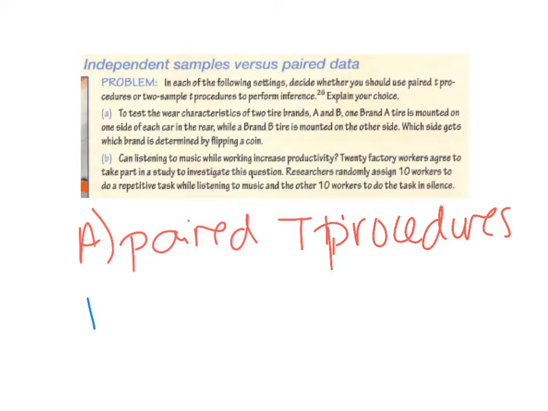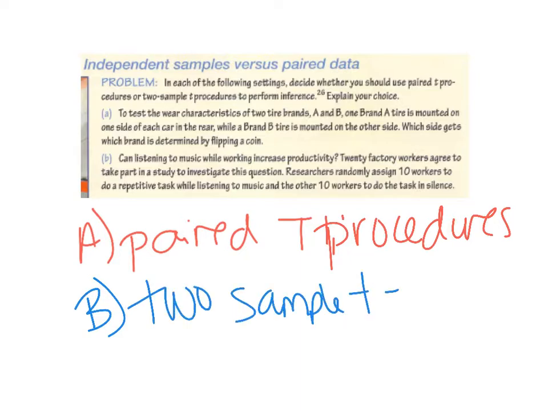For B here, can listening to music while working increase productivity? 20 factory workers agree to take part in the study to investigate the question. Researchers randomly assign 10 workers to do a repetitive task while listening to music, and the other 10 workers do the task in silence. This is a two sample T procedure, because I've got two distinct groups of workers.